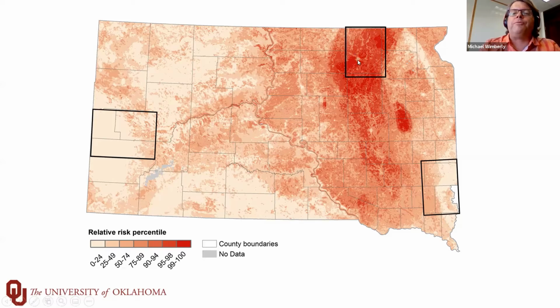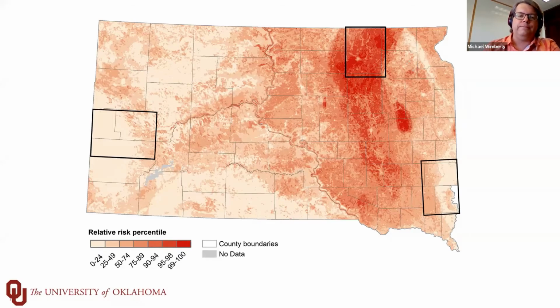We can see the city of Aberdeen here, coming out, and this northeastern part of the state, from a regional standpoint, is one of the biggest hotspots in South Dakota. But we see that the city of Aberdeen actually, like we saw before, has a lower risk of West Nile virus than the surrounding rural areas. And again, that's linked to the distribution of the main vector mosquito, which is more associated with rural habitats than urban habitats.